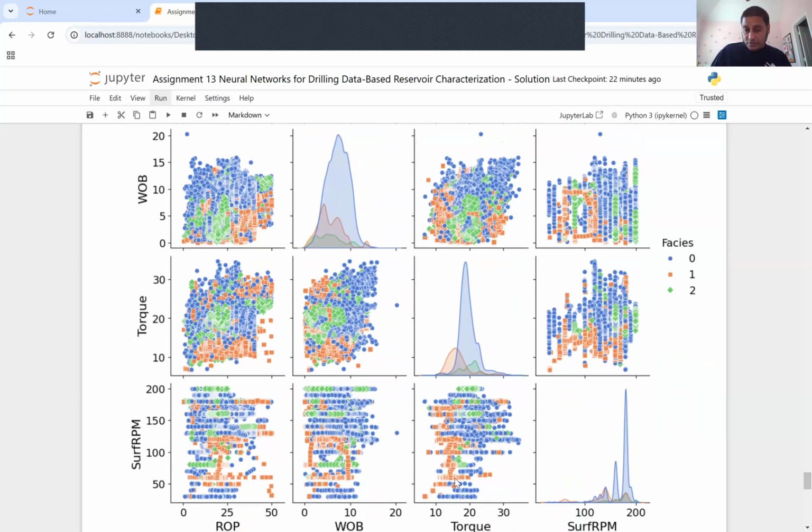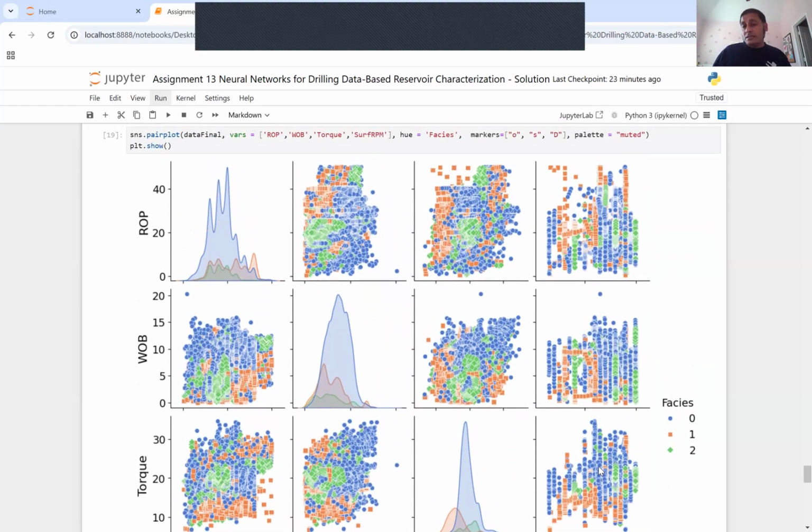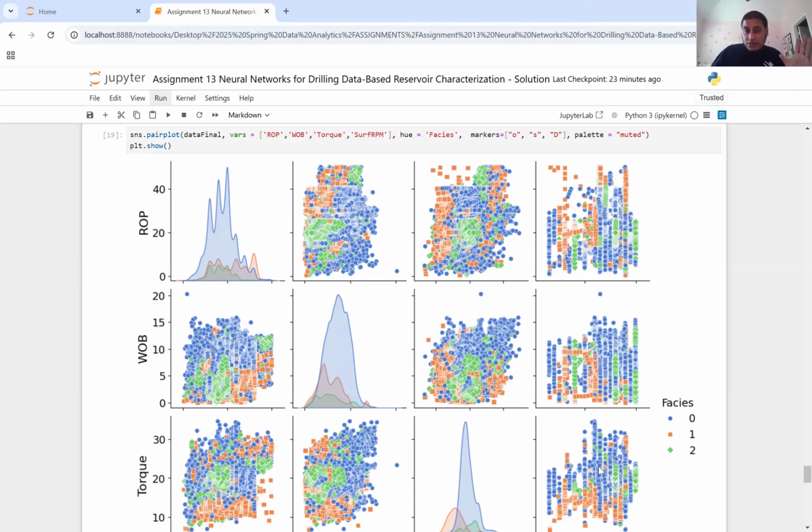And I'm coloring all of the points based on the facies label. And just visualizing this data set, it seems like it would be almost impossible to construct a decision boundary that would take in ROP and weight on bit, for instance, and separate out the three classes.